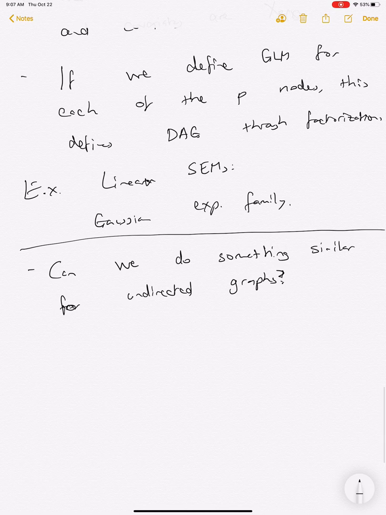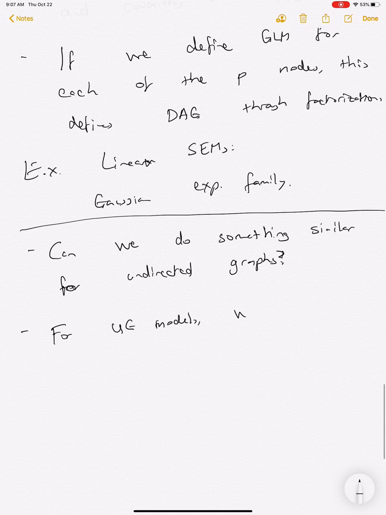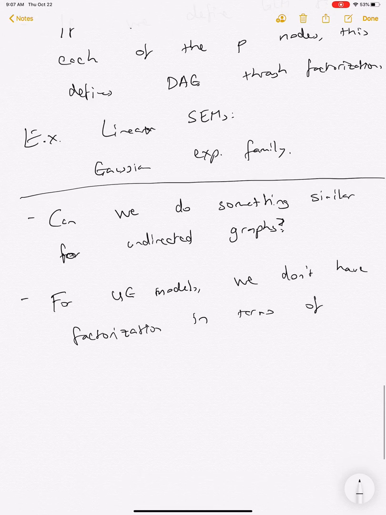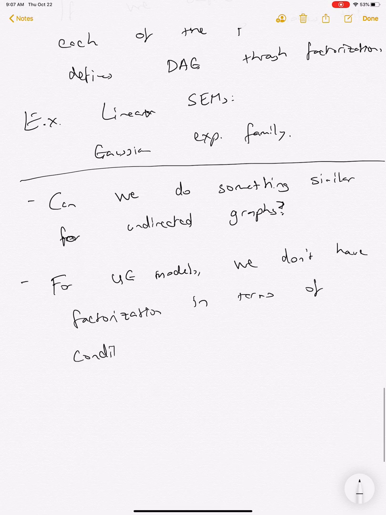Okay, and so it turns out that we can, but it's not quite as simple as the case for DAGs. So for undirected graphs, so for undirected graphical models, we don't have factorization in terms of conditional PDFs.